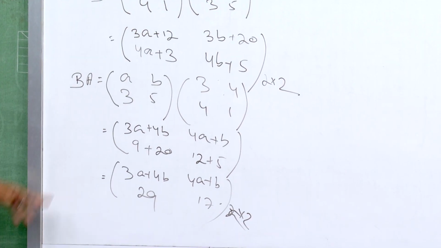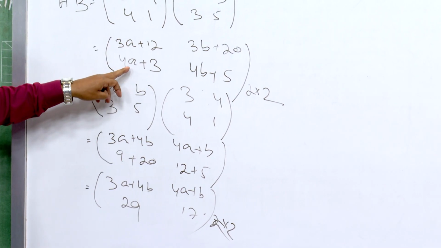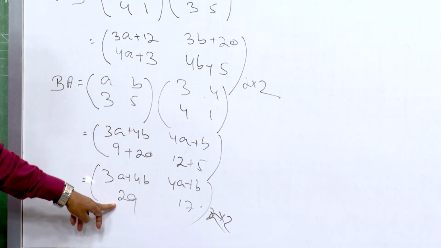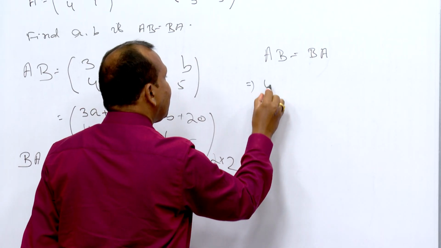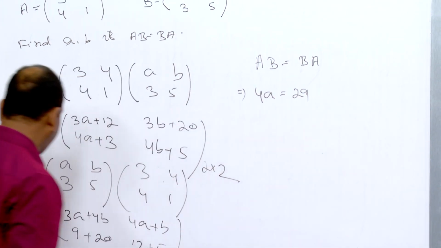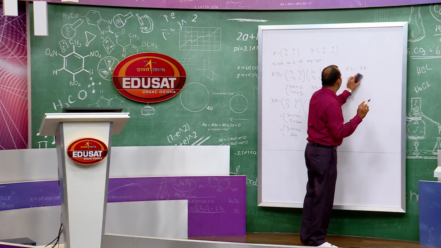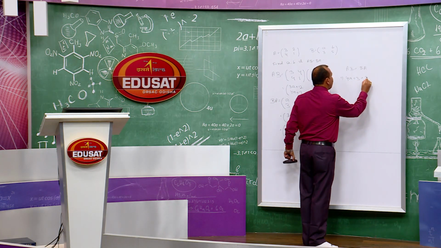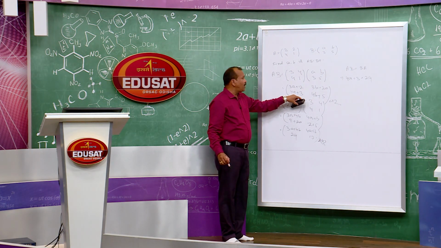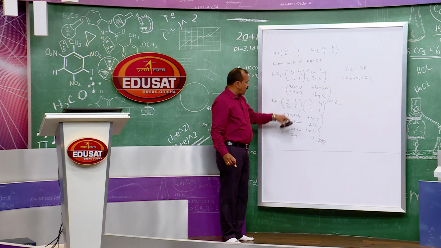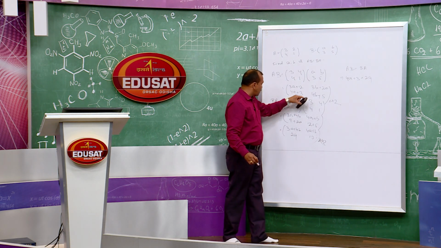They have the same order, so the corresponding elements are the same. Taking the element of the second row and first column, 4a plus 3 is equal to 29.